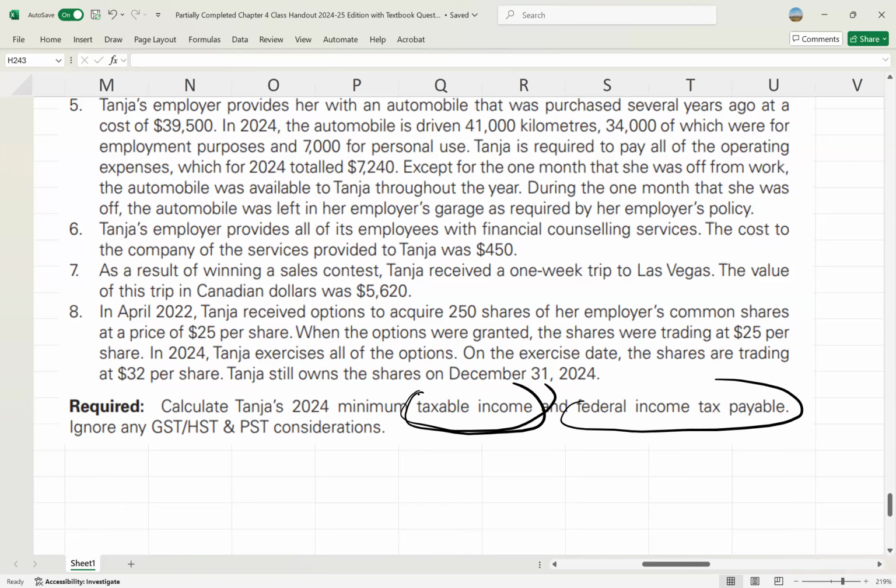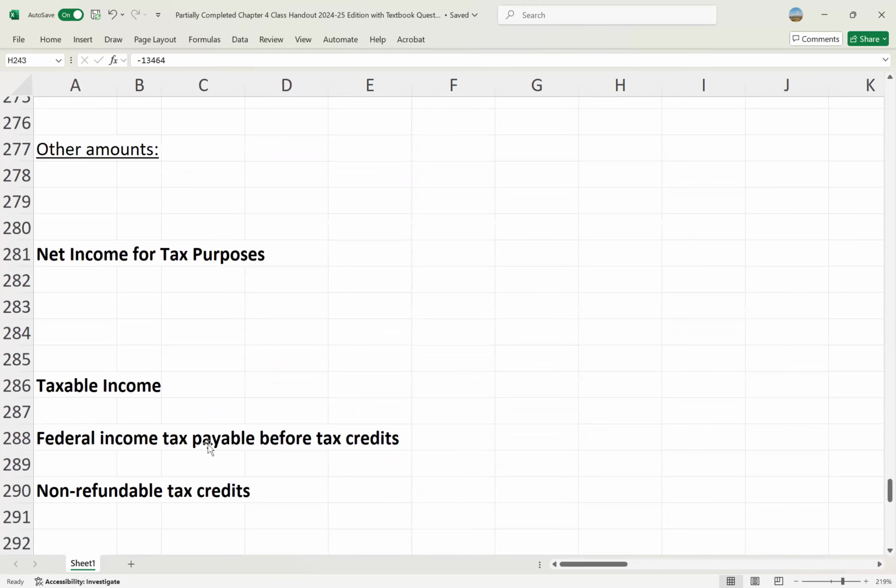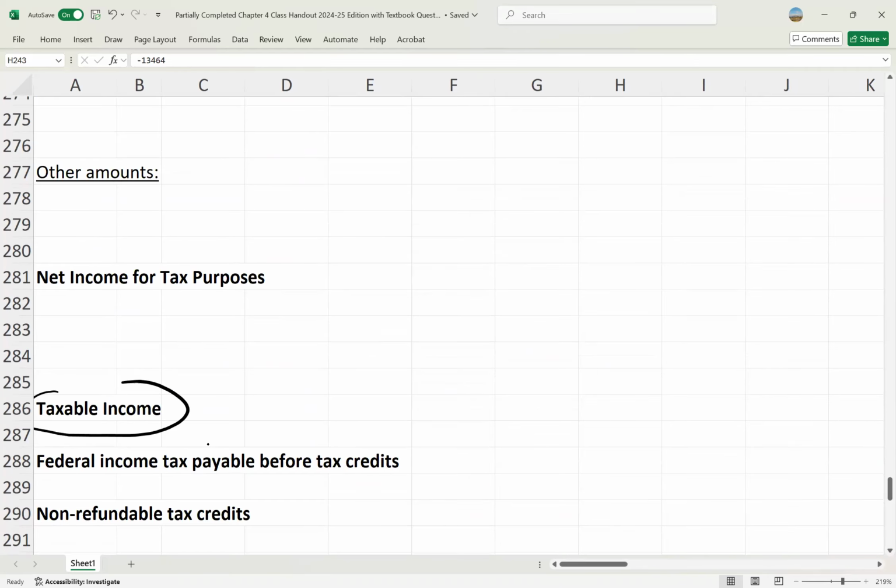And then once we calculate her taxable income, then we can calculate her federal tax payable, and then all those non-refundable tax credits. So what I've done is I've set it up here. This is her taxable income. Now, once again, in order to calculate taxable income, we first have to calculate net income for tax purposes. Net income for tax purposes is 3A plus 3B minus 3C minus 3D.